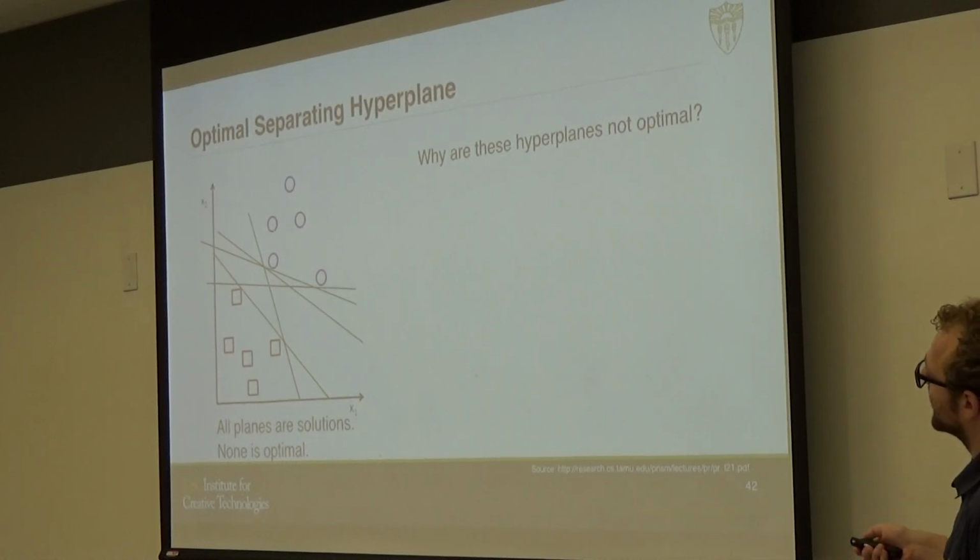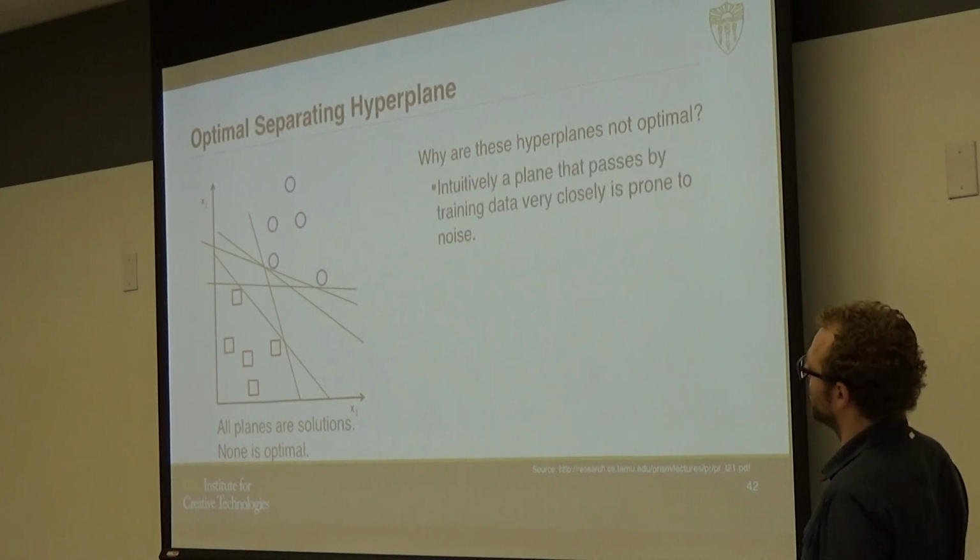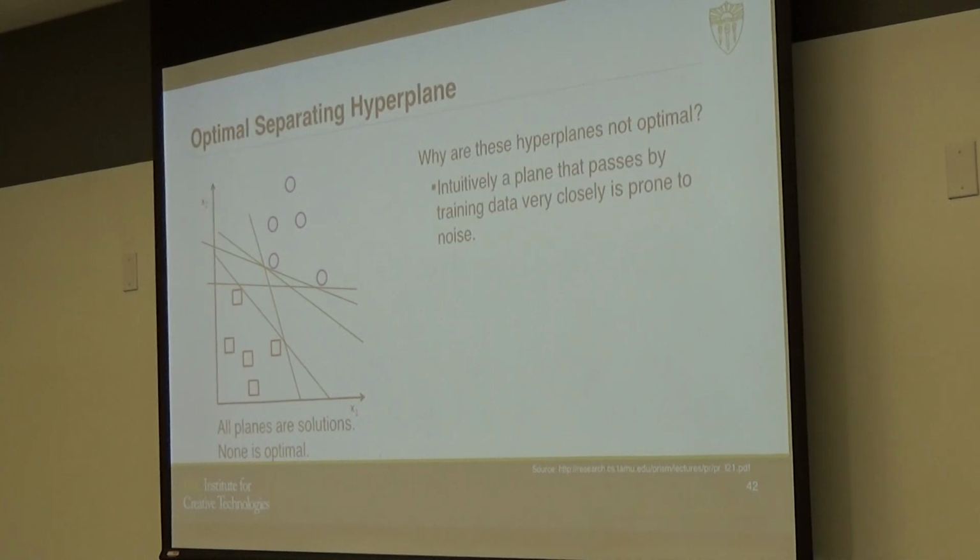If this is not all the data that I've seen, and maybe I didn't see a data point here, a red square, that hyperplane would already make a mistake. So it's very error prone, prone to noise and so on. Intuitively, you want it to go through the middle with the widest margin, so that you have the most space for error.